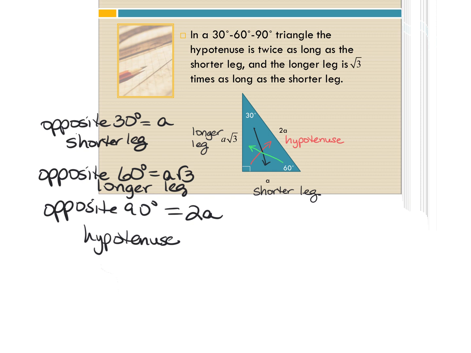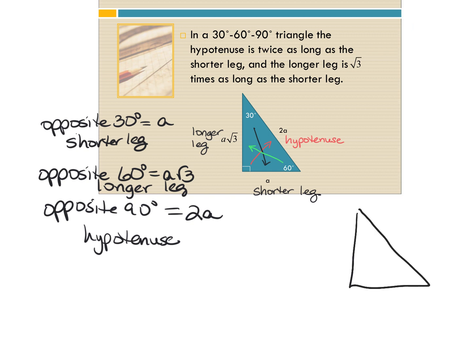So let's say I redrew the same triangle, add in my 90 degrees, my 30, and my 60. And let's say I give you that this side over here, A, is going to be 7. So we know that the side across from 30 is A. The side across from 60 is going to be A times the square root of 3. Well, if A equals 7, then I just put 7 and then the square root of 3.